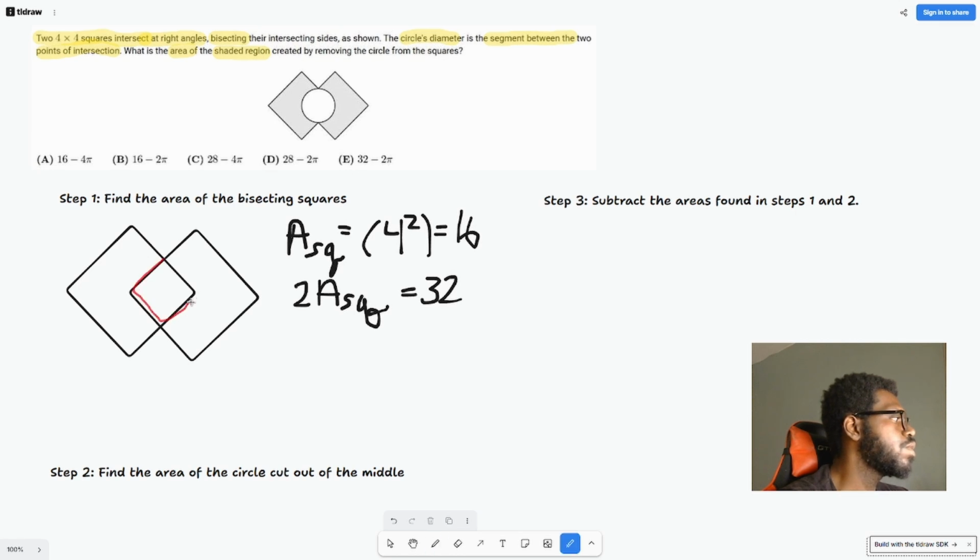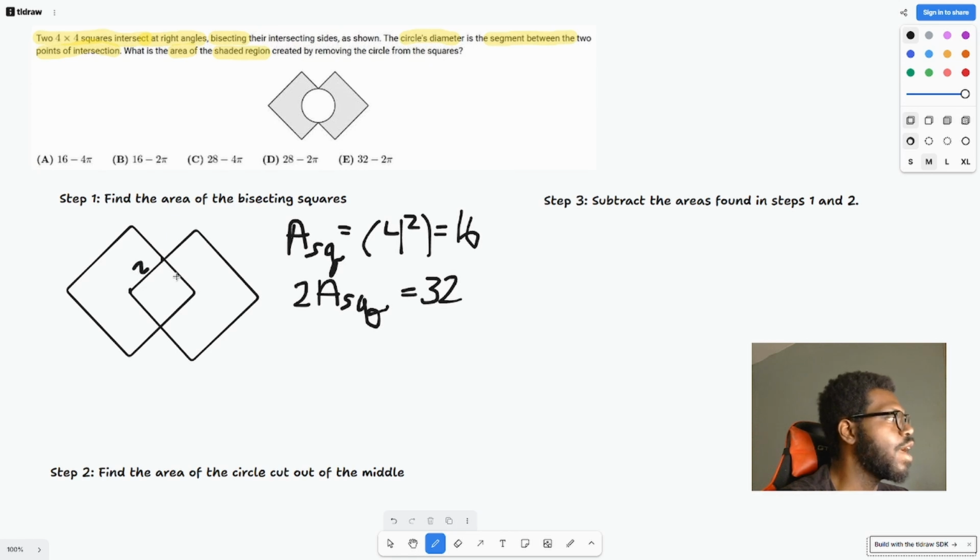And in order to do this, we're going to use the fact that we have bisecting sides here. Since the sides are bisecting, we know the length from here to here is 2. Bisecting means split in half. Since the side length of the square is 4, half the side length, which is what we want, is 2. And then same for this side here.